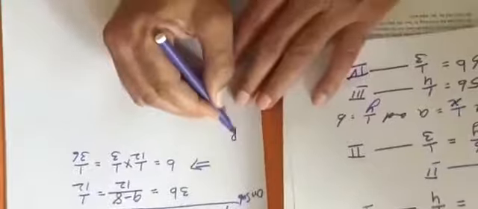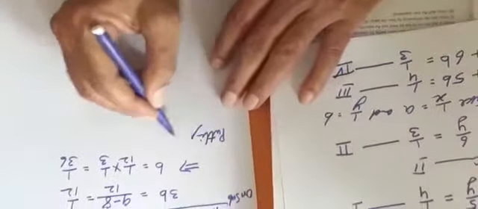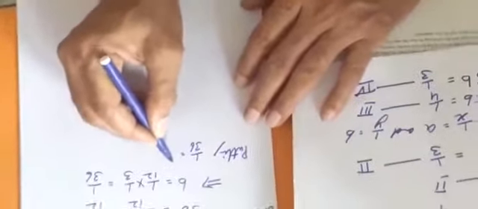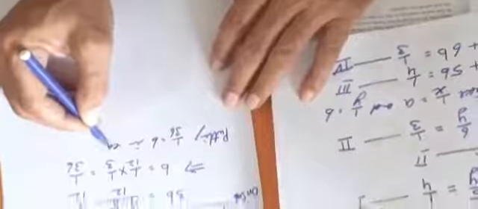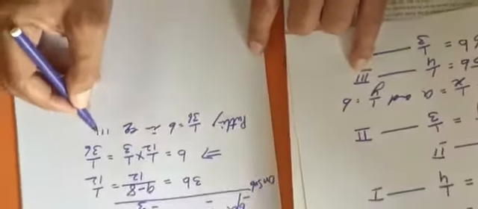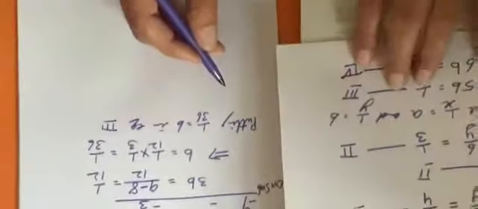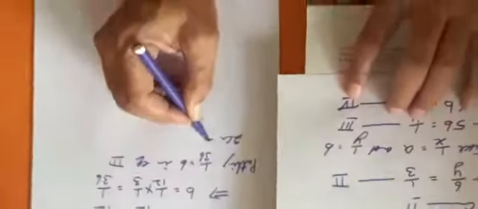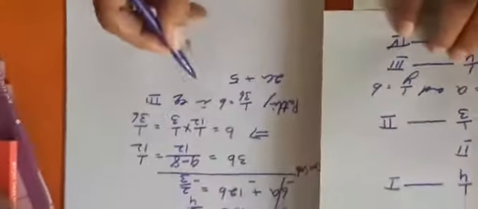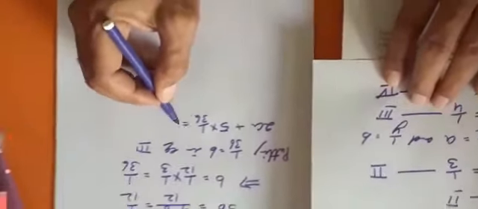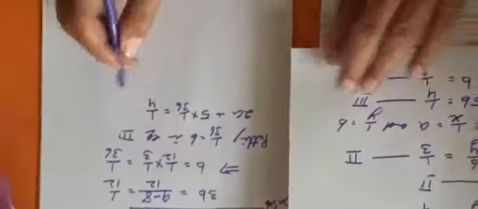You have to also find out the value of a. Putting 1 upon 36 is equal to b in equation 3. Let's put it in the equation. 2a plus 5 into 1 upon 36 is equal to 1 upon 4.